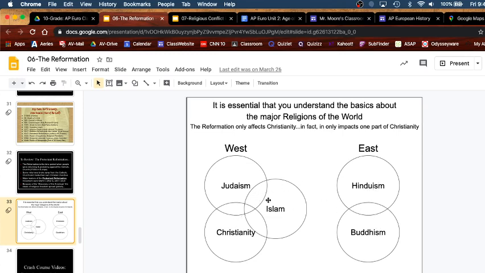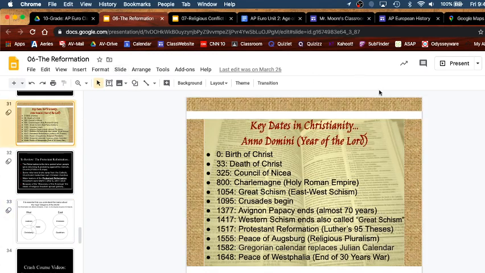But there's definitely a clear divide between the two. Keeping that in mind, in my notes I did provide some key contextualization for students. This kind of stuff would not be asked on an AP test, but it does give you some background information on what's really important if you want to understand Christianity as a whole.